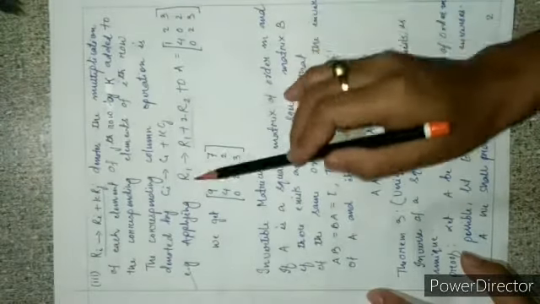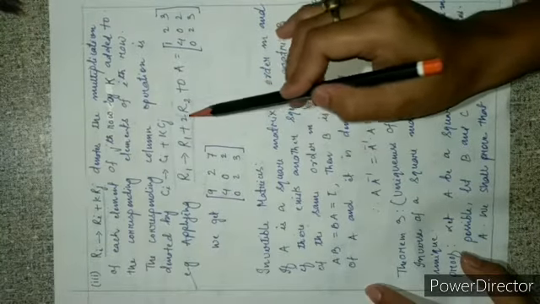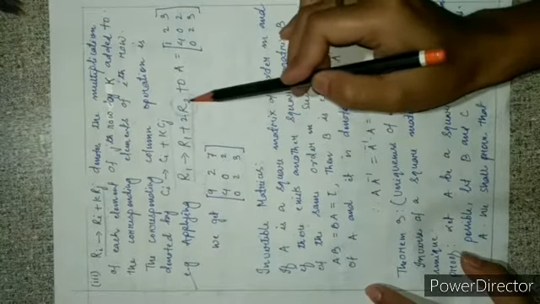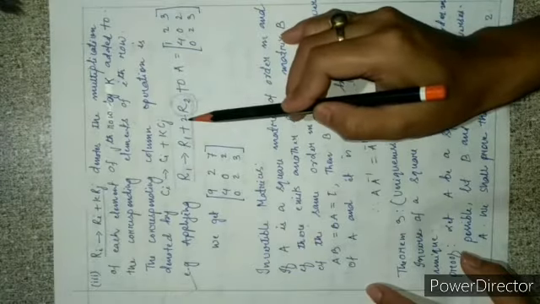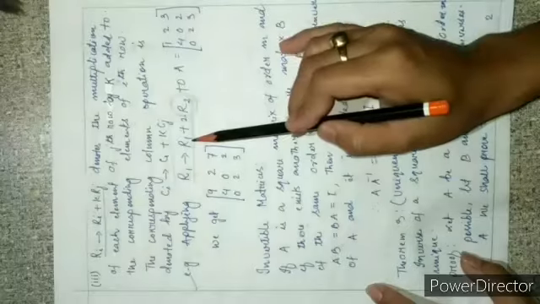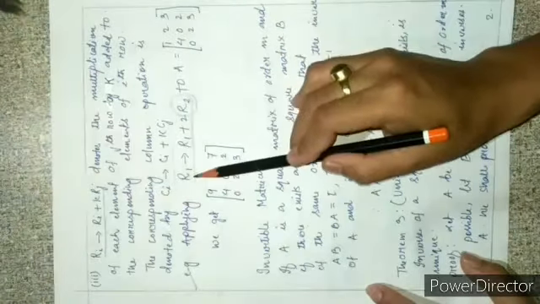What does this notation represent? First we have to multiply all the elements of the second row by the scalar k, where k is equal to 2, and add to the corresponding elements of the first row. We apply this operator on the first row.